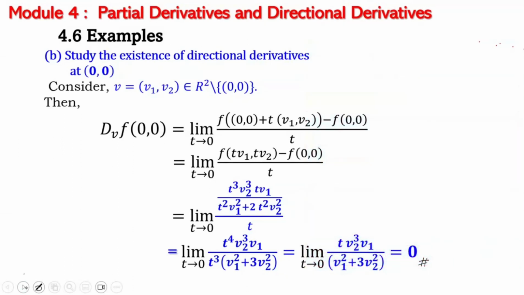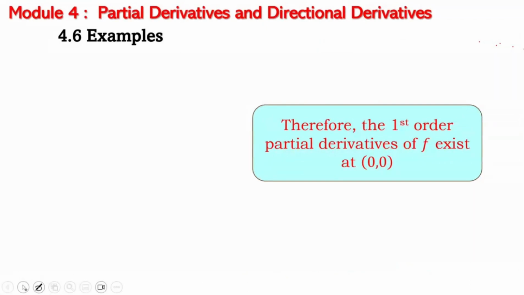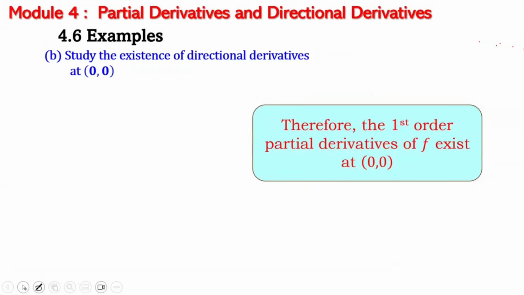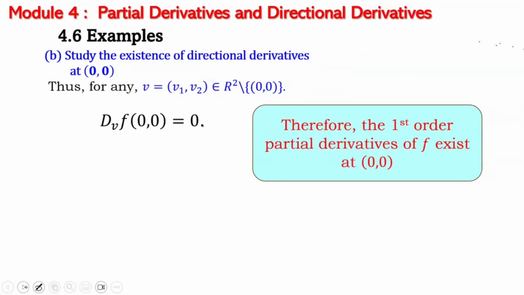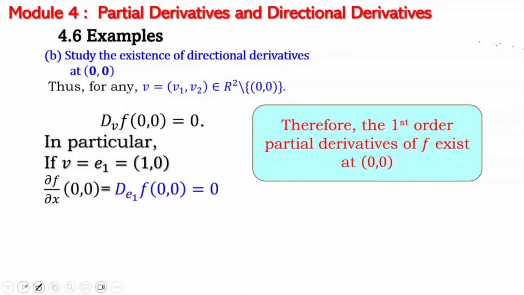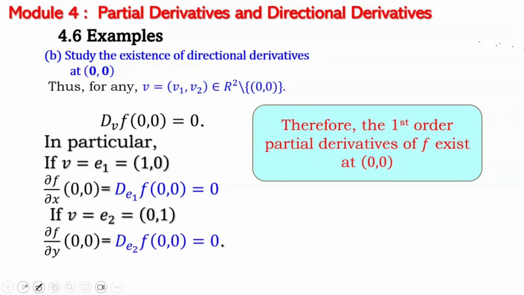So for that, we will take it here that for v, Dv f is equal to 0, and in particular, if we take v = e1, then you will get the partial derivative with respect to x is 0, and then if you take v = e2, you will get the partial derivative with respect to y is 0. So therefore, the first order partial derivatives of f exist at (0, 0). So this is the conclusion.